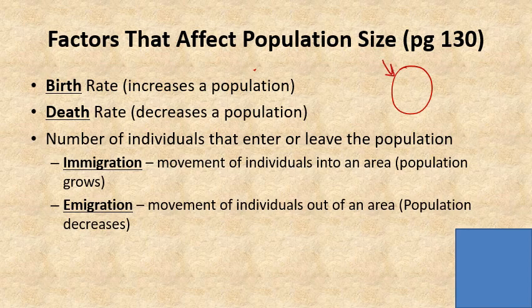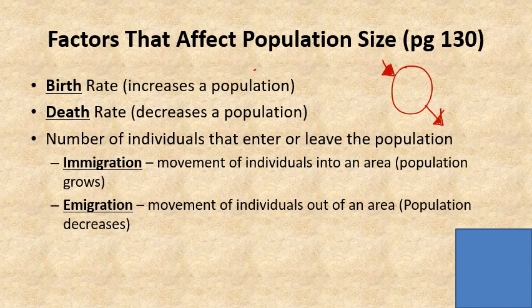Birth rate, where if there's more individuals being born, whether it's plants growing and producing seeds or an animal having kids, whatever it is, birth rate would increase that balloon by adding more air and get larger. And then death rate, organisms dying, would definitely make it get smaller.